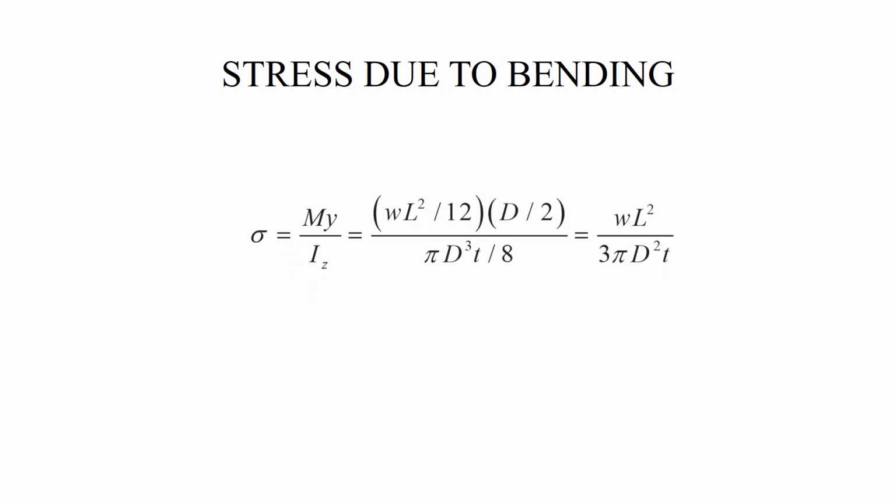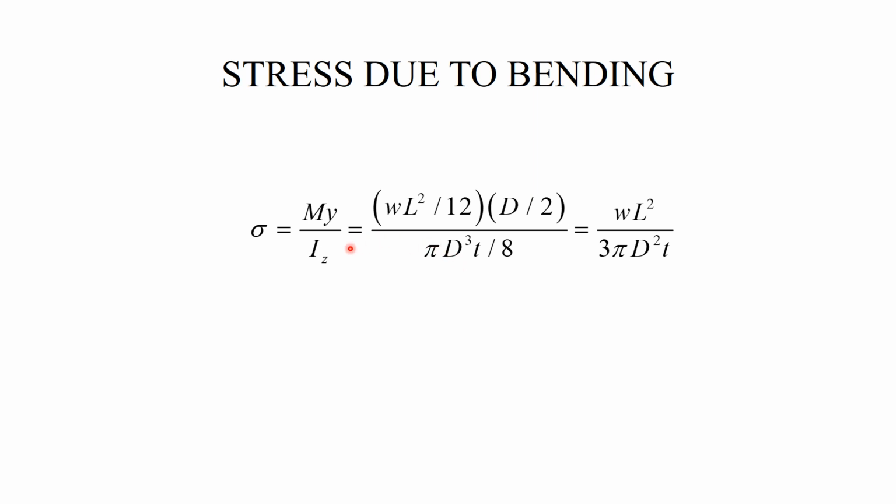Now let us do the stress analysis due to bending. So I use the standard equation, M y over Iz. That's the value for M, that's for y, and that's the value for the moment of inertia about the z-axis. This expression takes advantage of the fact that d is much larger than t, or the pipe is a thin-walled vessel. And also I didn't use minus here and minus here.